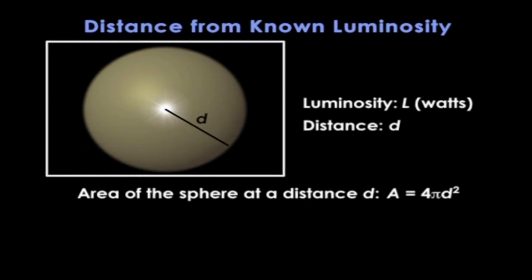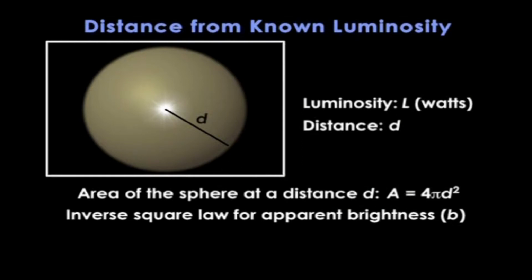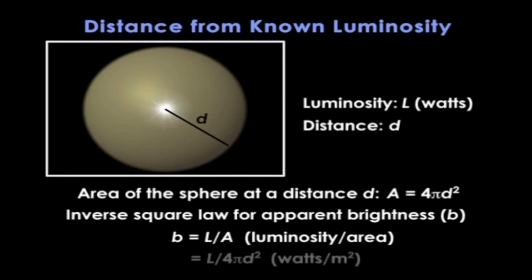Now, obviously, if we happen to be on that sphere, those L watts have been spread evenly over the A square meters, giving the famous inverse square law for apparent brightness: B equals L over A, which is L over 4 pi d squared, where the units of B are now in watts per square meter.